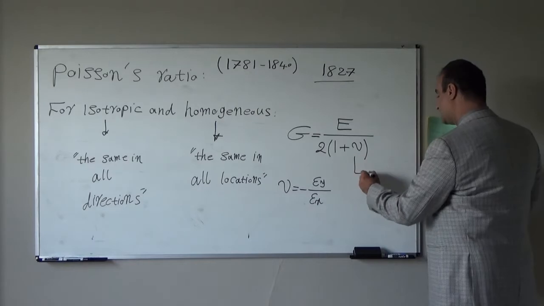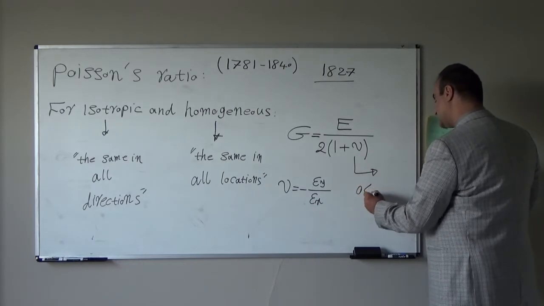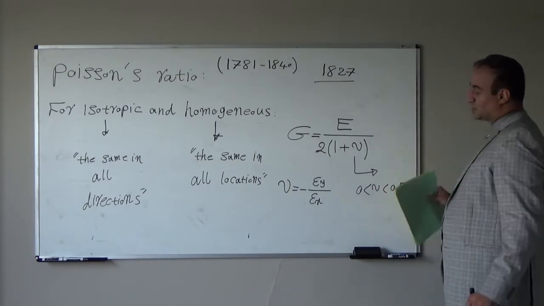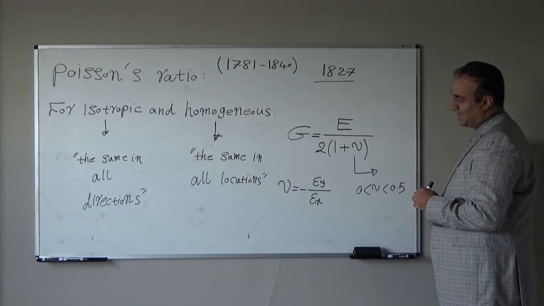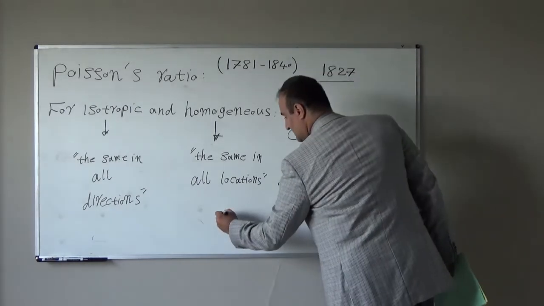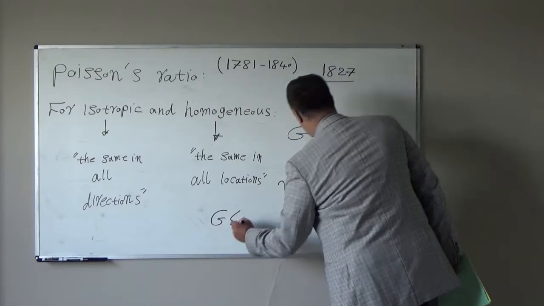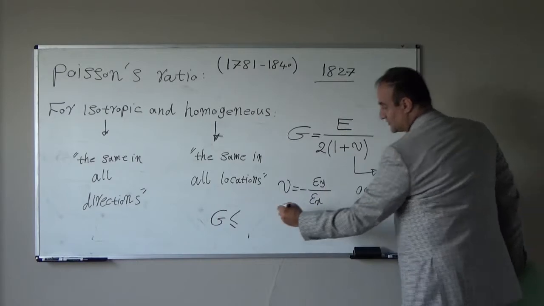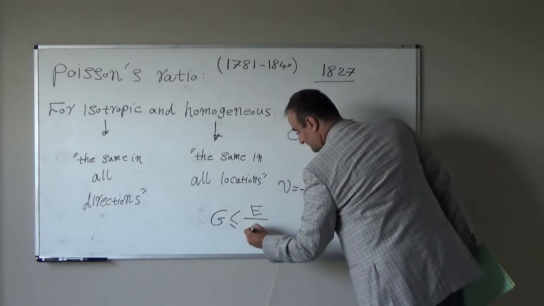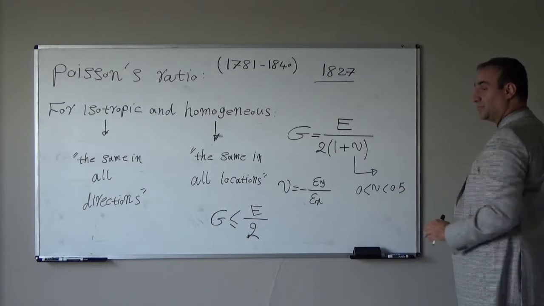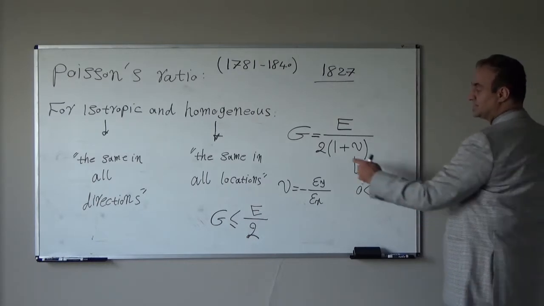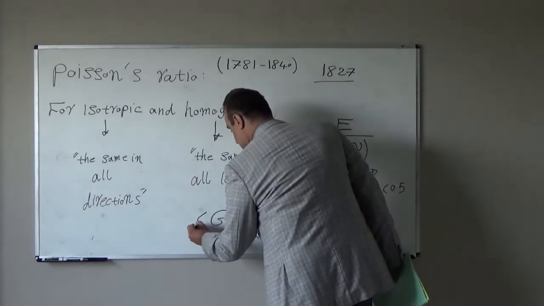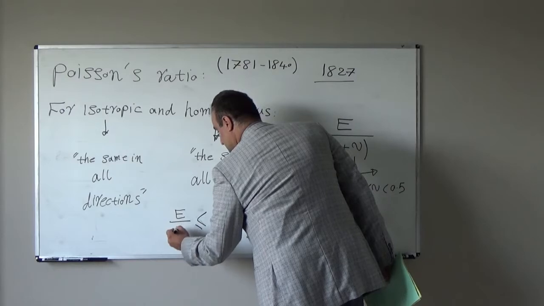We know nu for most materials varies from 0 to 0.5. So if we put nu equal to 0, G will be equal to E over 2. If we put nu, the Poisson ratio, equal to 0.5, this will be 1.5, and 1.5 times 2 is 3. So G will be E over 3.